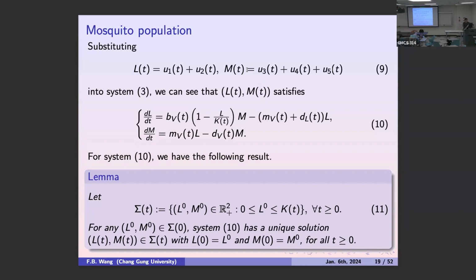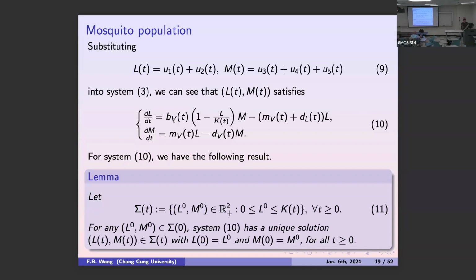Sometimes I say this is the mosquito population model. You can imagine if there is no mosquito, then we don't have the virus, right? And if we have mosquito, we have the virus. So the first stage is to control the mosquito. So we study the mosquito population model.